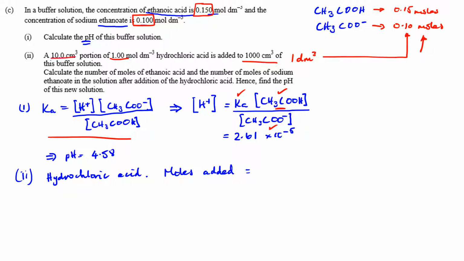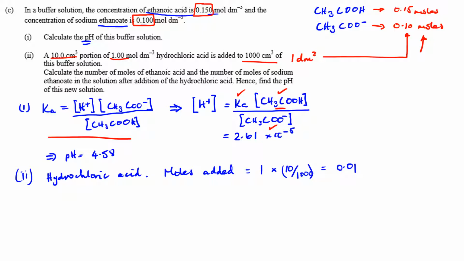And the volume is 10 cm cubed, but of course we deal with dm cubed in this equation. So our concentration is 1 mole per dm cubed, and our volume is 10 cm cubed, but in decimeters cubed you have to divide that by 1,000. All right, so the moles that we're adding of hydrogen ions from the hydrochloric acid is 0.01. Okay, and they are going to react with the ethanoate ions.